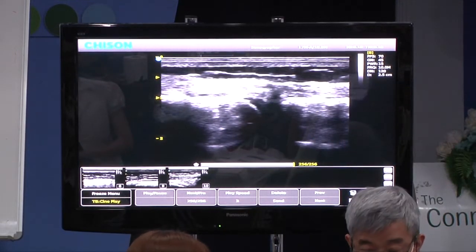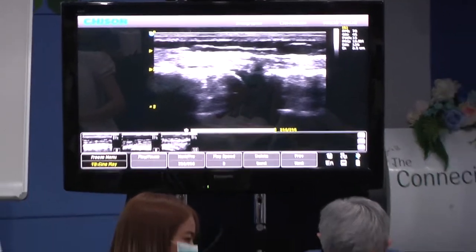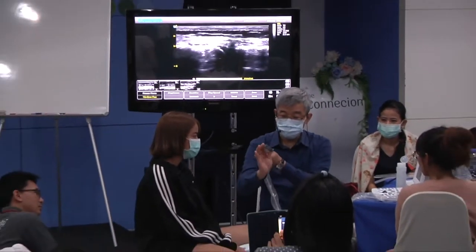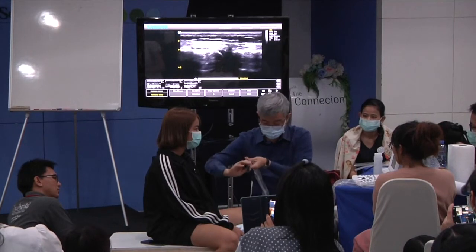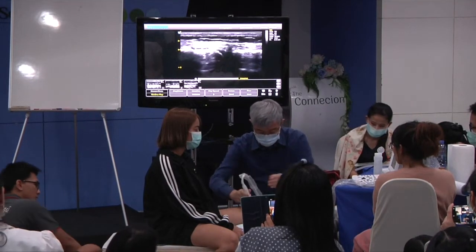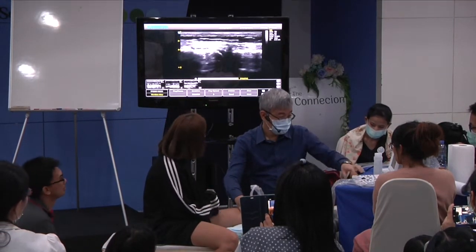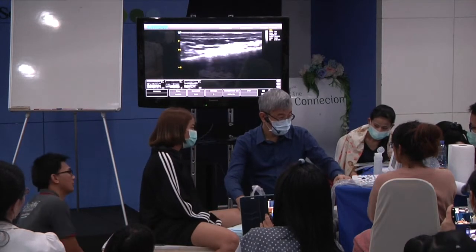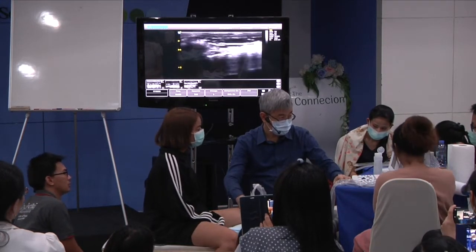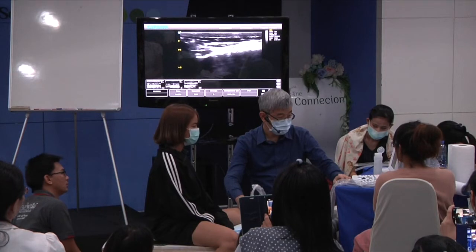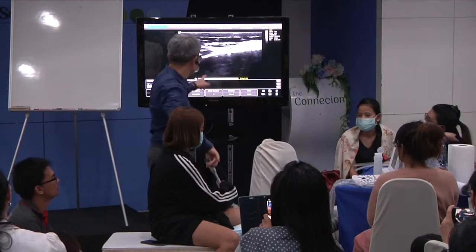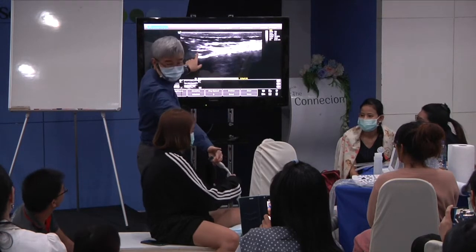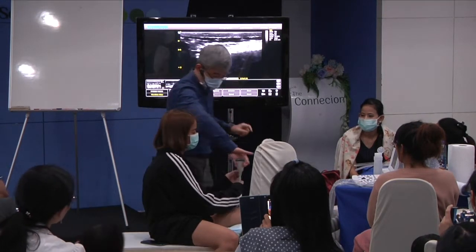Remember, in the anterior knee, you know how to look at the lateral suprapatellar recess, right? Good. Fluid, thank you. Fluid, just a little bit. Thank you.